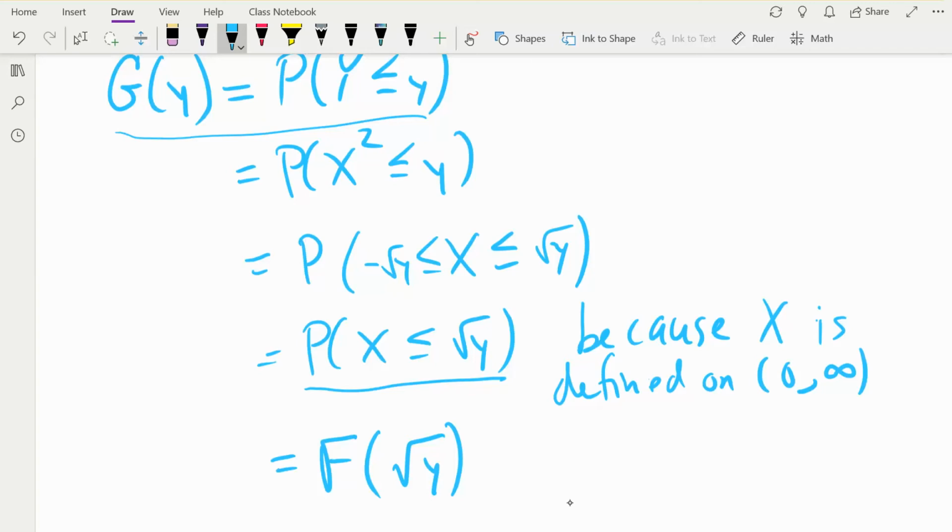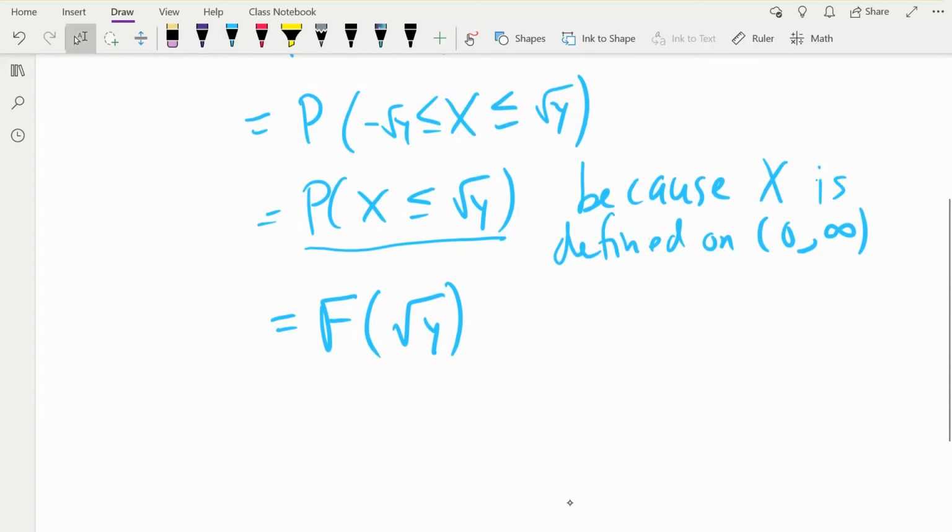So the CDF of y is equal to the CDF of x evaluated at root y. Now, the problem asks us for the PDF. How do we get from CDF to PDF? Take a derivative, right? Now, when we differentiate this, what do we have to worry about?